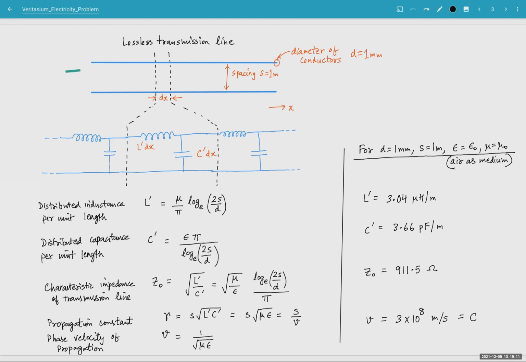So if voltage suddenly rises at this point, this waveform can travel at the speed of light. And this voltage at this point between the two conductors can also rise after a split second, even for such a long transmission line. And similarly, the current that was 0 initially here in the conductor rises as the voltage waveform comes, and the current waveform can also increase in a split second, even for such a long conductor.